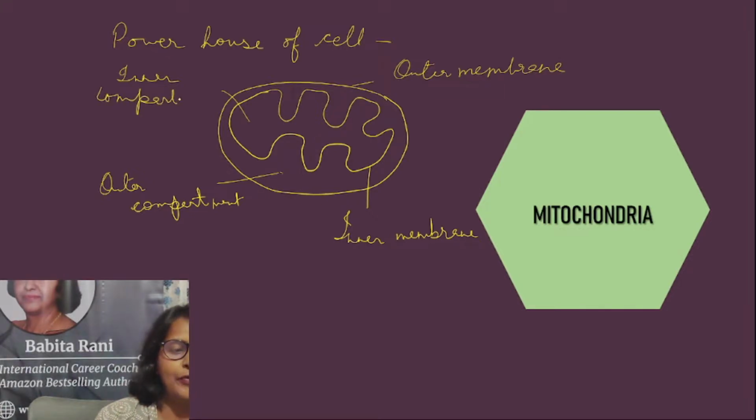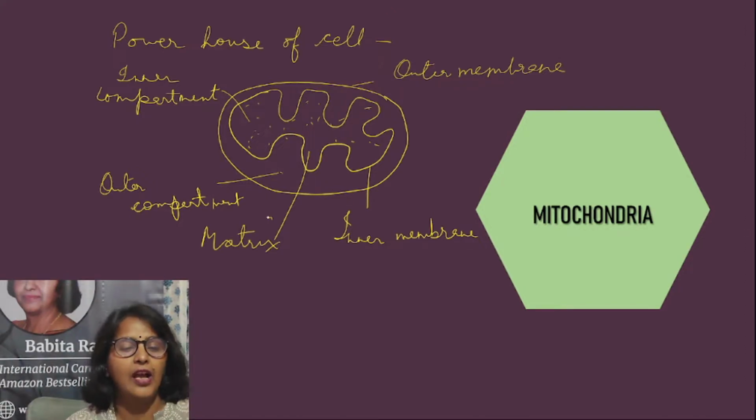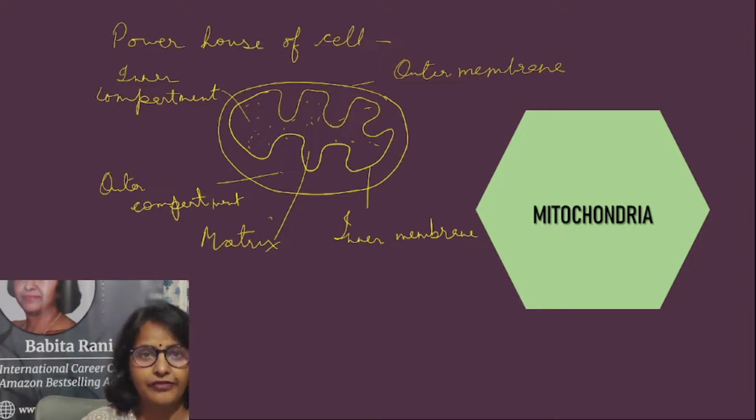So we have two membranes in mitochondria, the outer membrane is smooth, the inner membrane is folded to increase the surface area, and inside this we have cytoplasm, which is known as matrix, which contains all the enzymes required for respiration and some ions required during the process of respiration. So this is all about mitochondria.